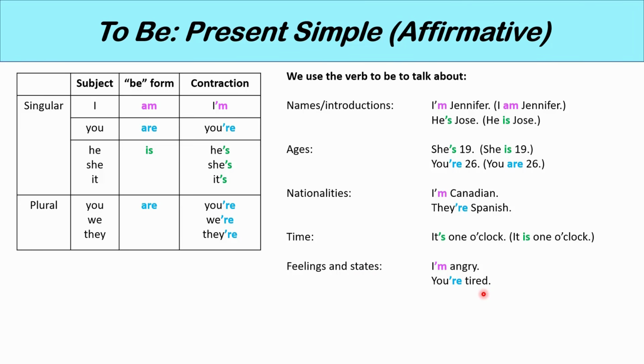You're tired. We also use the verb to be to talk about weather. It's sunny today. And we use the verb to be to talk about descriptions. Jane is beautiful. After names, we could also use a contraction. We could say, Jane's beautiful, which would mean Jane is beautiful.